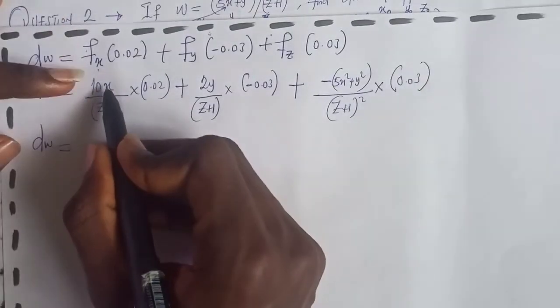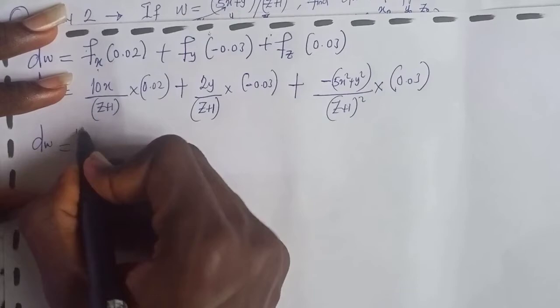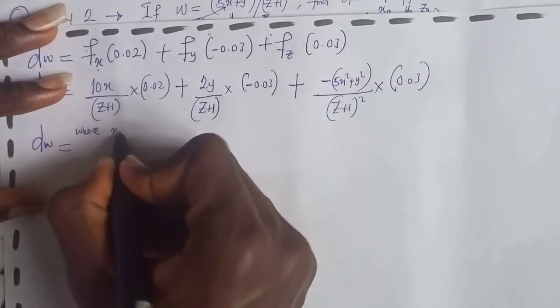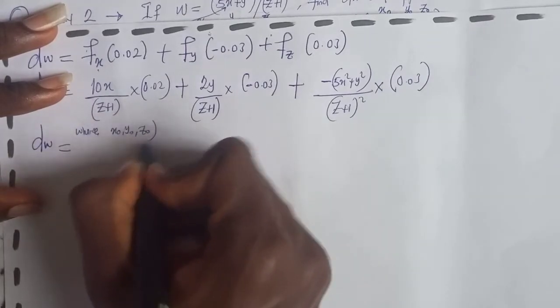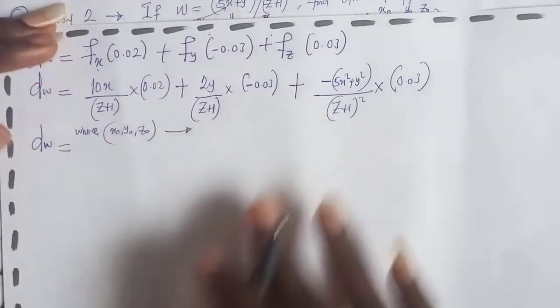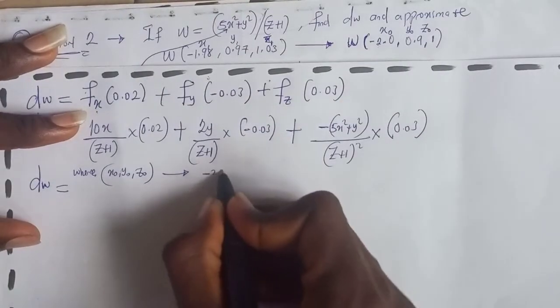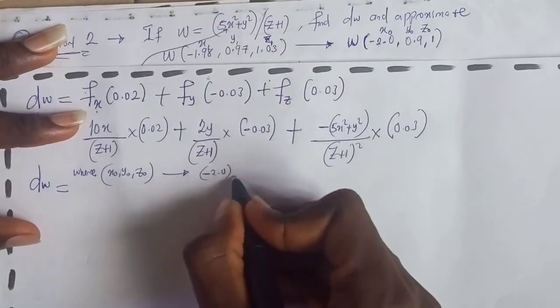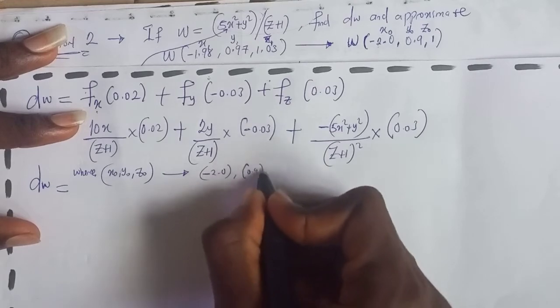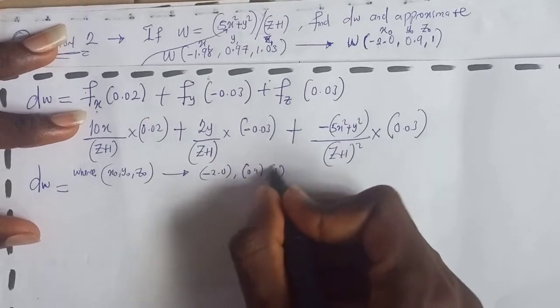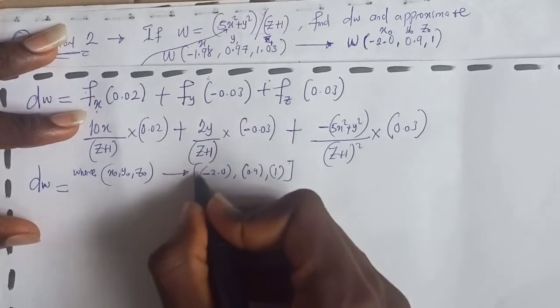So this is what I was actually trying to explain. This x, y and z represent our initial x naught, y naught, and z naught. Our initial guess for the approximation was minus 2.0, 0.9 and 1 respectively.